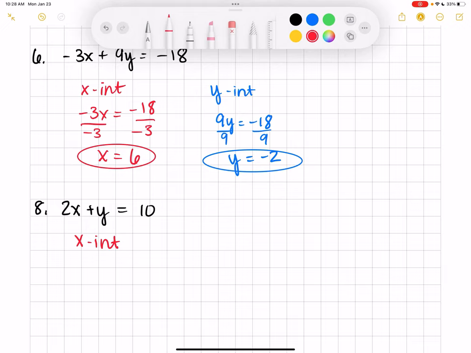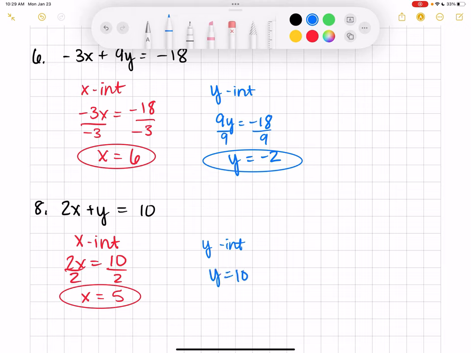We covered up the y and wrote down what was left. So 2x is equal to 10. And then what? Divide by 2. So x is equal to 5. And then how about my y-intercept? y equals 10. Oh, that one's nice because it's already solved for me.